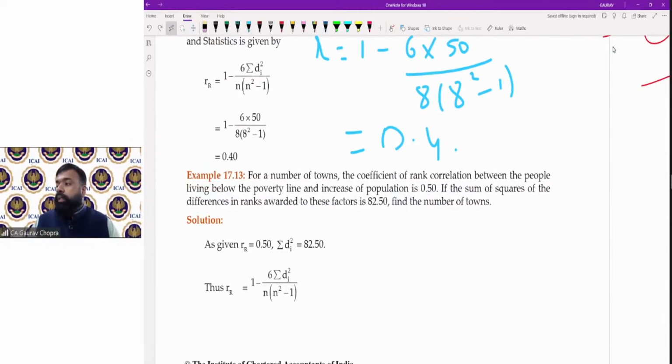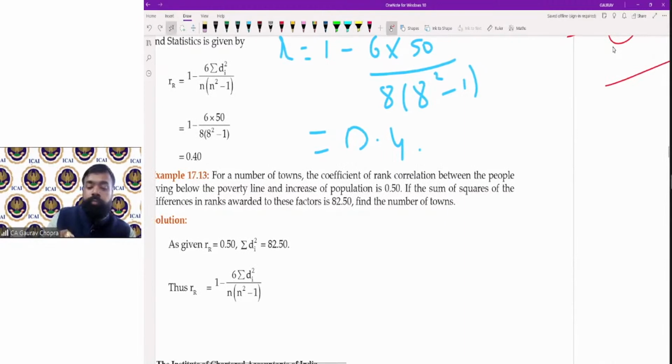Now 13th example. For a number of towns, the coefficient of rank correlation between the people living below the poverty line and increase of population is 0.50. So correlation is given in this question, 0.5.